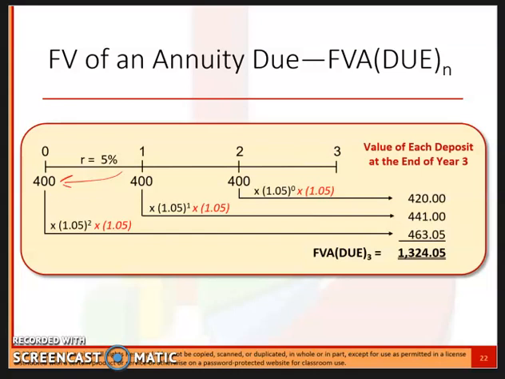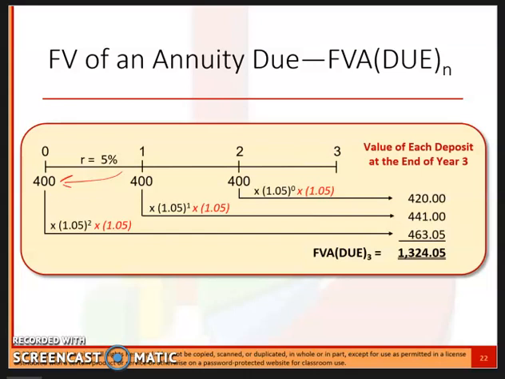So if we were just to use a timeline methodology, our first payment would grow for 3 years, so 1.05 cubed. The second payment would grow for 2 years, 1.05 squared. And the third payment would grow for 1 year, just 1.05 to the first power.